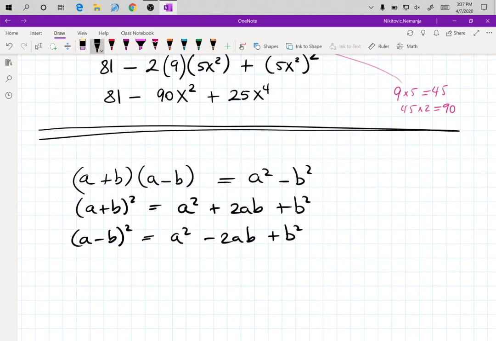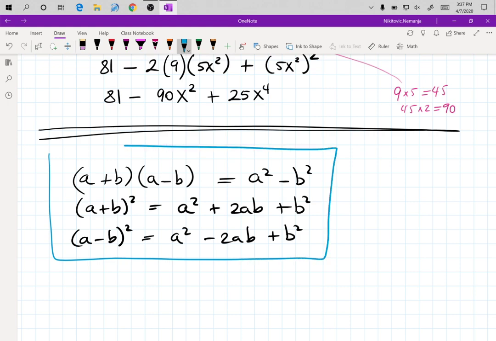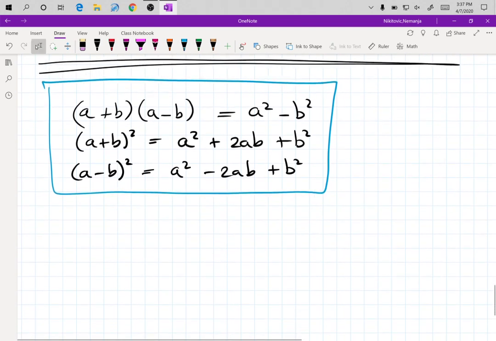All of these formulas, which we covered today, you memorize the formula, and then you just plug in the values. There is no multiplication, no foiling, no distribution, nothing. You just know the formula, you plug the numbers in, and you are done.